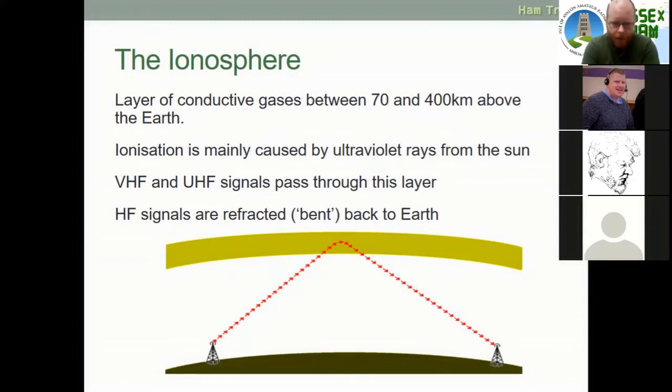The ultraviolet rays will change the ionosphere so that some waves will travel really well, others won't travel at all, and vice versa.